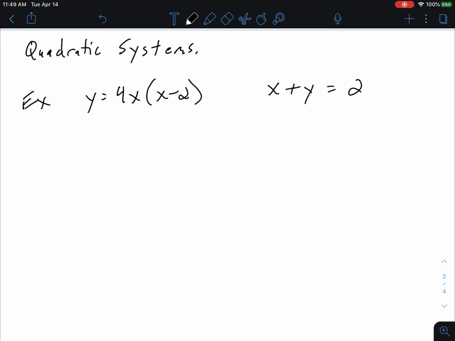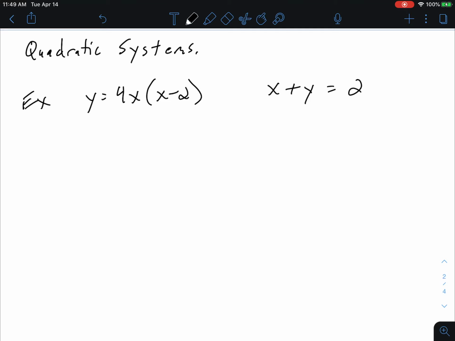So if we take y equals 4x times x minus 2, and x plus y equals 2, we're probably going to be best off getting these both equal to y, and then from there you can go ahead and set them equal to each other. So that's what I'm going to look to do with that equation there on the right, and it might jump out to you that that is a linear equation.